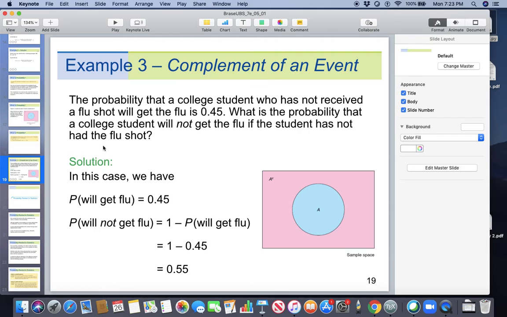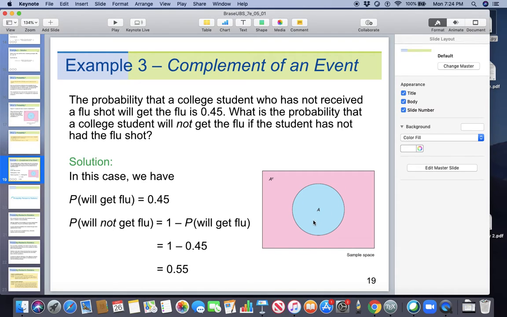What is the probability that a college student will not get the flu if the student has not had the flu shot? Well, probability of will get flu is 0.45. So probability of will not get the flu is 100% minus probability will get flu. So that is 1 minus 0.45, which is 0.55.